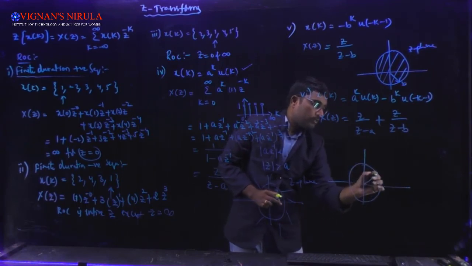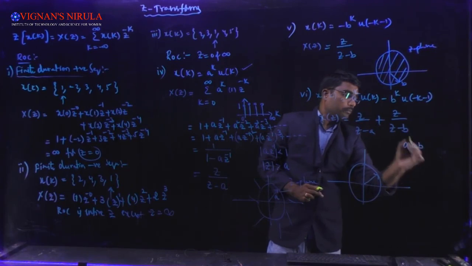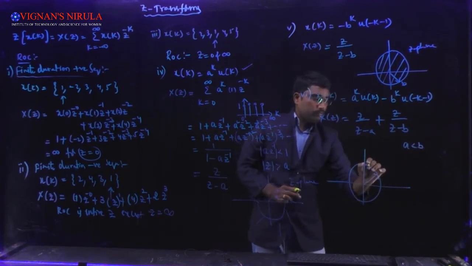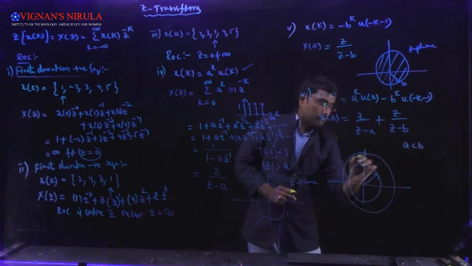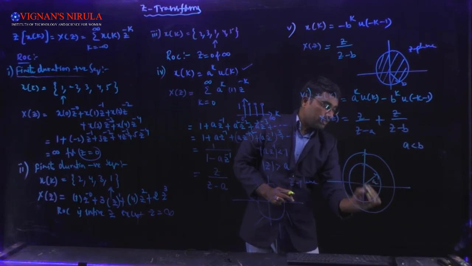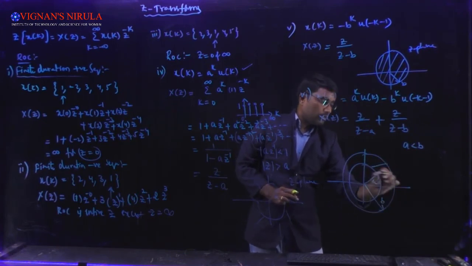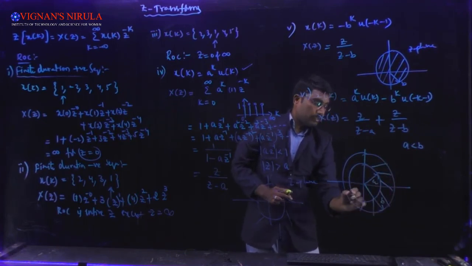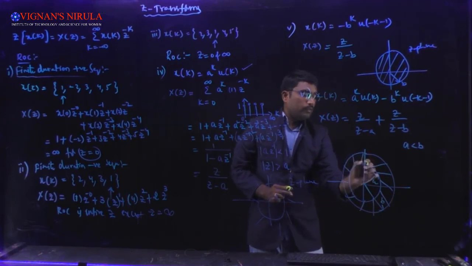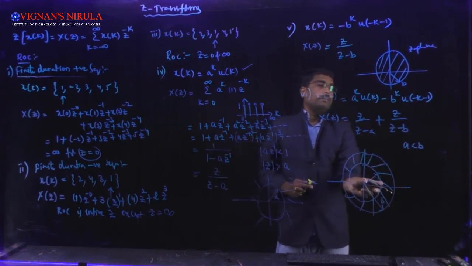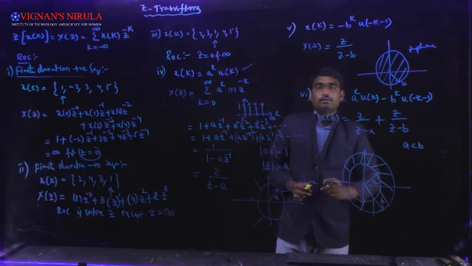Here I am taking a less than b. That means this is a and this is b, then your ROC will be a ring in the z plane with a width of b minus a. Thank you.